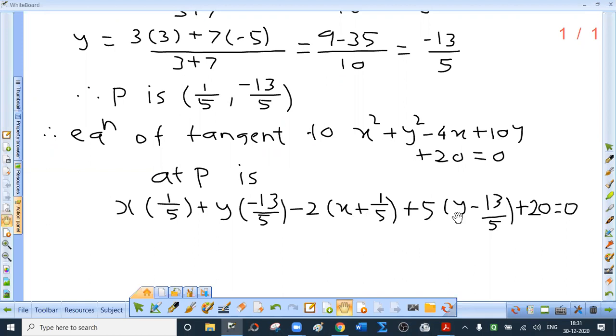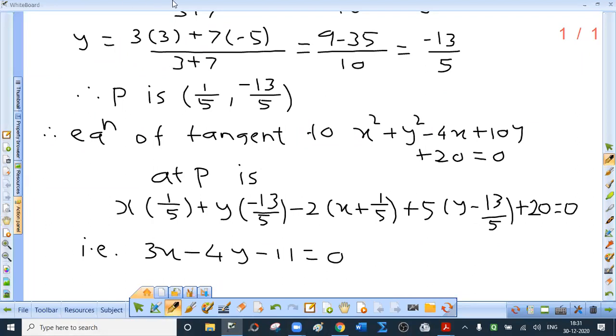So f is 5. Y plus y1. y1 is minus 13 by 5. Plus c equal to 0. Tell me, on simplification, we get what? You have to write all the steps, but final answer should be 3x minus 4y minus 11 equal to 0.